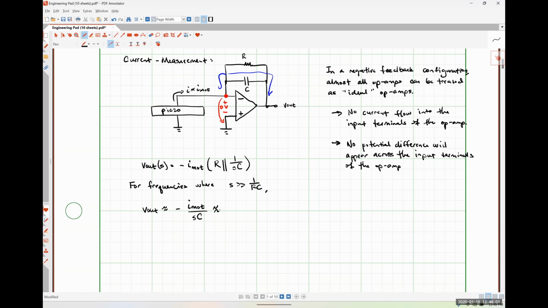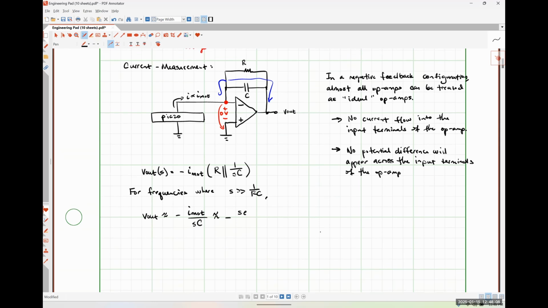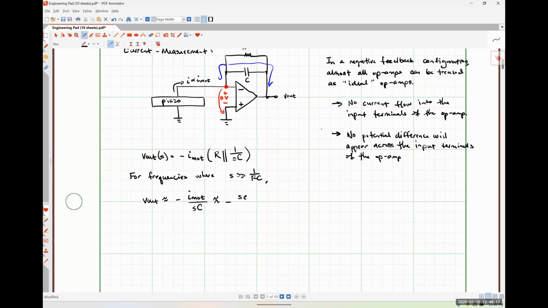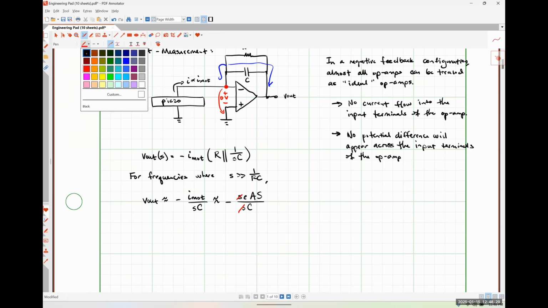which is then approximately negative s, I'm just going to put it as lowercase e here for the piezoelectric coefficient. So it doesn't matter if I have a longitudinal or transverse configuration. I'm just generalizing things here. So s e A S over sC. Our dependence on s has effectively canceled each other out.